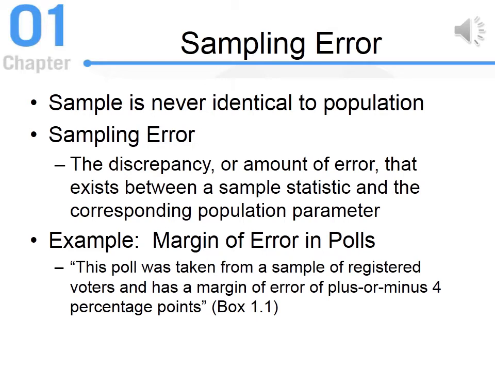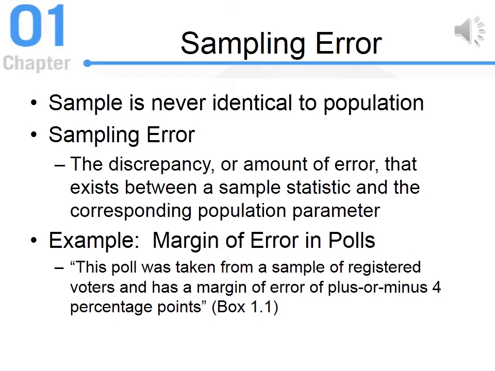Think for a minute about how many different samples of 200 women we could draw from the entire population of women on Earth. No one of those samples would ever be identical to the whole population. It's this discrepancy, or the amount of error, that is known as the sampling error.